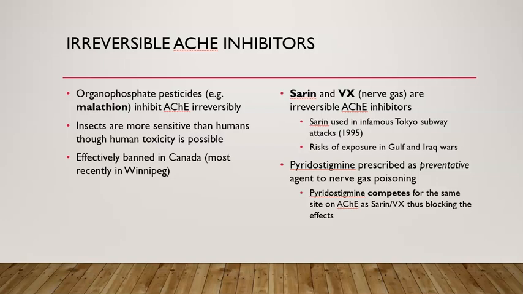Pretty much every day they would take it, so that if they were to be exposed to sarin or VX, it would actually block the effects, because they compete for the same site. So if you have pyridostigmine already in your system, then sarin and VX cannot affect you.